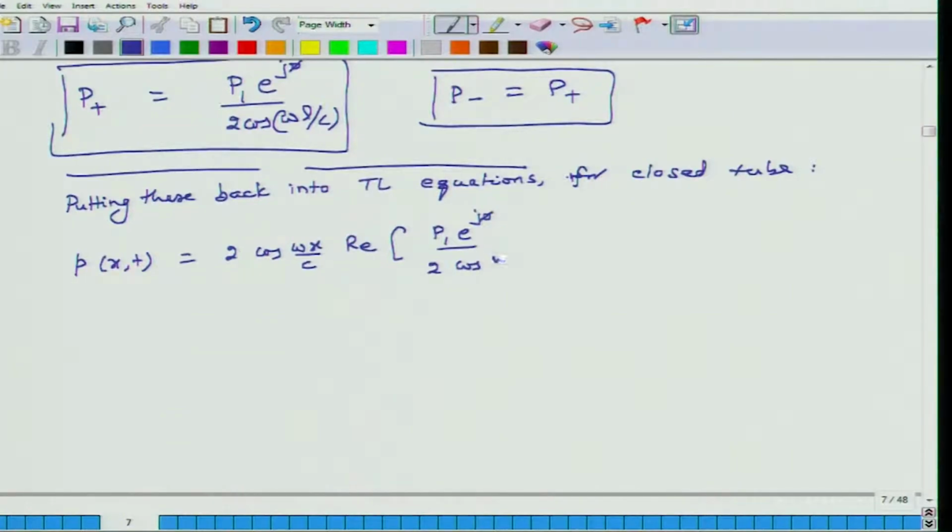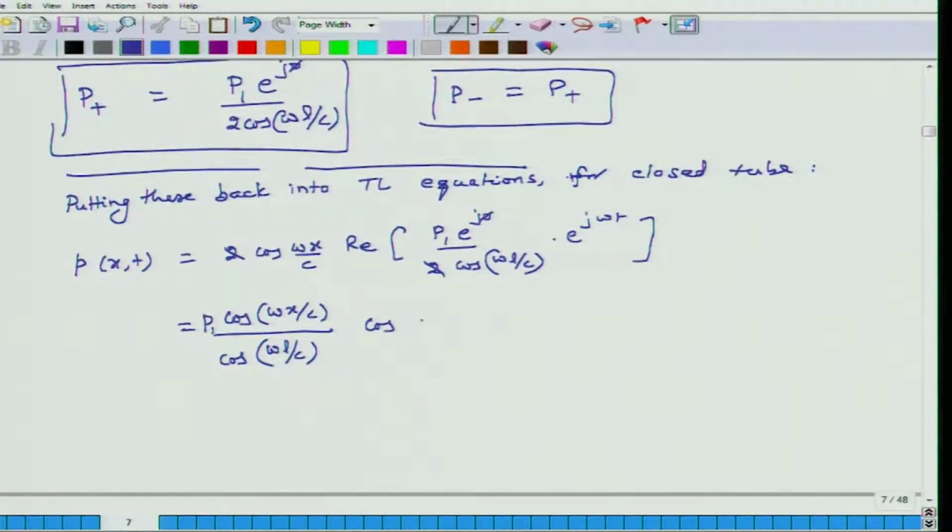Two cosine omega L over c times e^(j omega t), and this 2 and this 2 cancel. So essentially what I get is cosine omega x over c divided by cosine omega L over c, and if I take the real component of the term in the brackets, P1 is anyway real, so I just take it out, and here I get cosine of omega t plus phi.